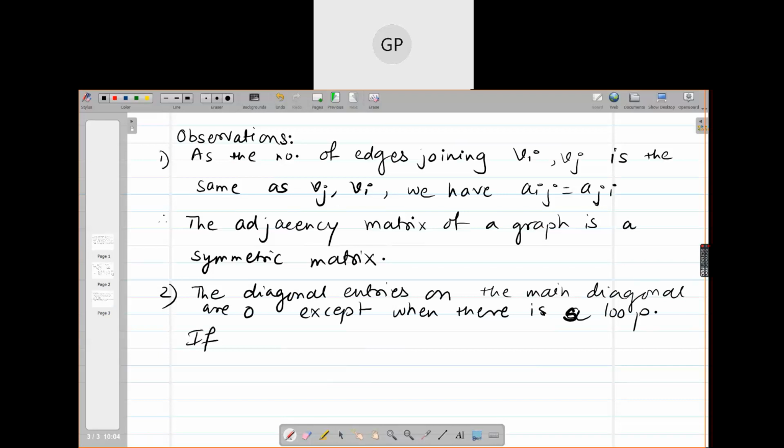If there are loops at the vertex Vi, then the ii entry, ith row, ith column, Aii will be equal to the number of loops at Vi.